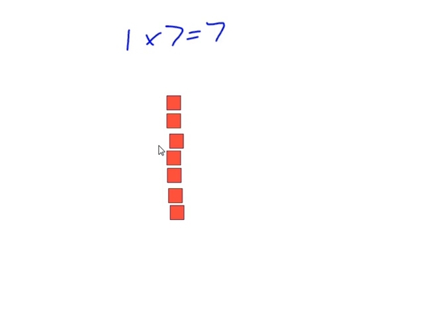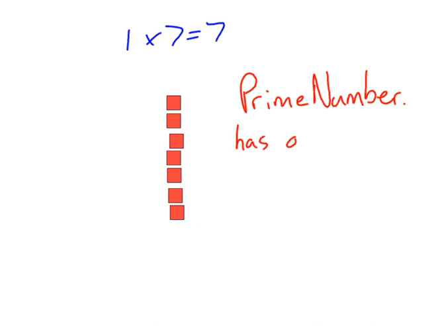So what we have here is a prime number. A prime number has only 2 factors. All right, I'm going to write this down quickly.